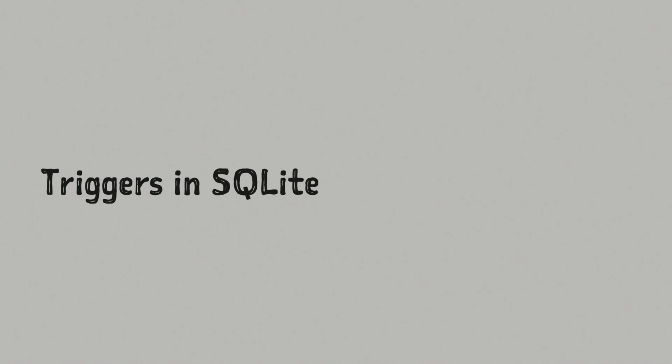Triggers in SQLite are database operations that are automatically performed when a specific database event occurs. They are events, basically, on the database level. And what we're saying is in SQLite itself, we're defining a behavior that says something like, if a row changed, do something.